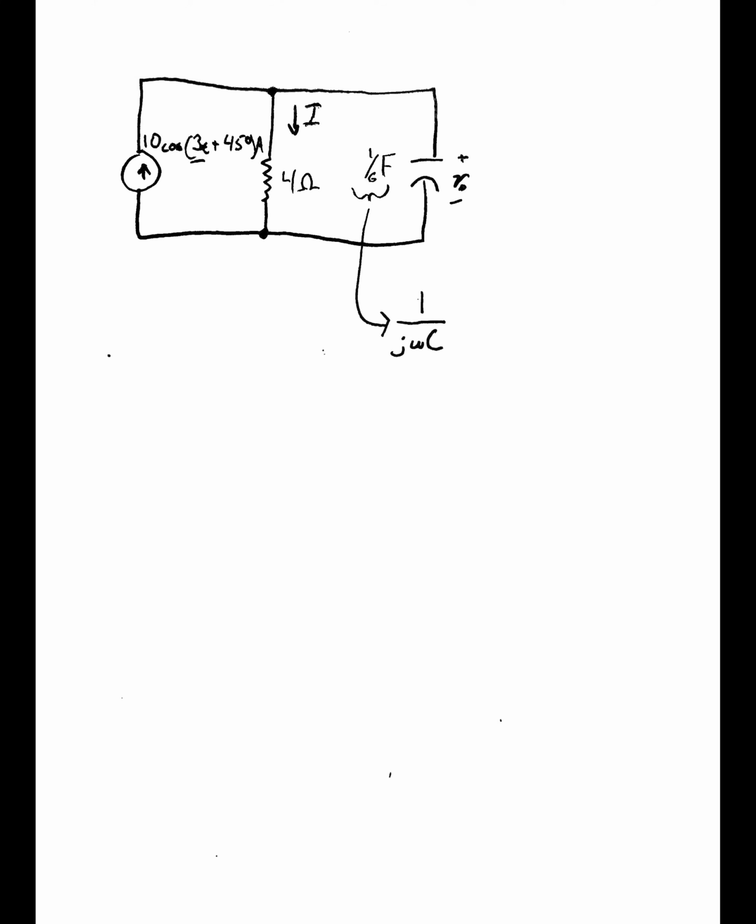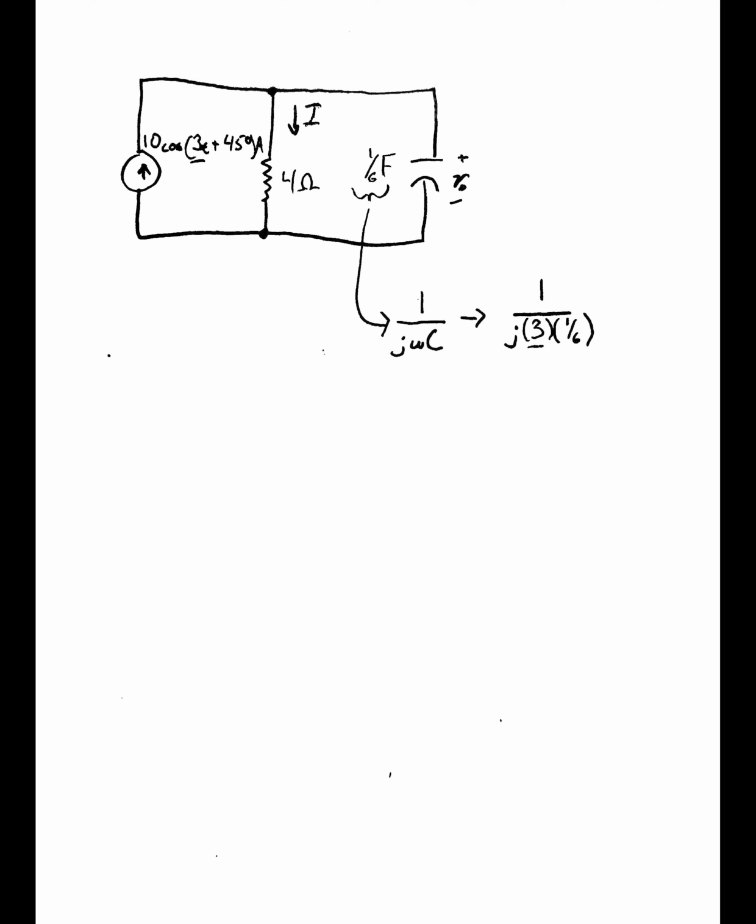Omega is the first part of the source value in parentheses. So if we go back to our source, we got that 10 cosine, open parentheses. The first part in that, the 3t, t indicates the time point in the sinusoidal wave, and 3 is the frequency portion of it. So the 3 is going to come over and be a part of it, and then the capacitance is the 1/6 farad.